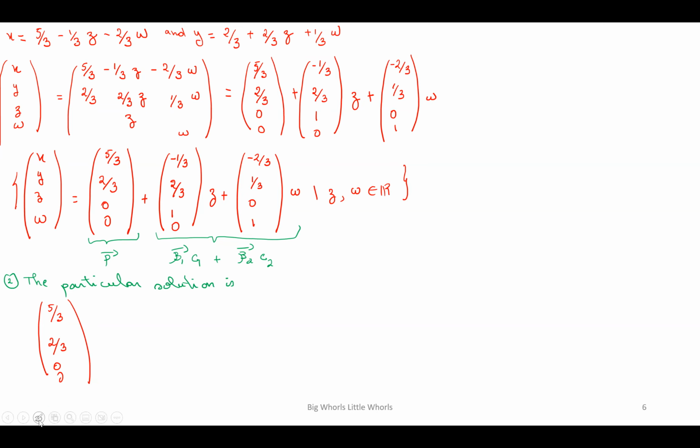And the last part of the example asks for the solution set of the associated homogeneous system.